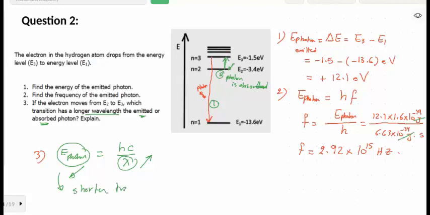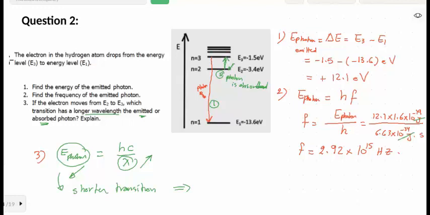Shorter transition. Which one is shorter, 1 or 2? The one with longer wavelength, again, has less energy photon. Less energy photon means the shorter arrow, shorter transition. Which one is the shortest transition here, 1 or 2? Of course, it is transition 2, which corresponds to absorption, an absorbed photon.